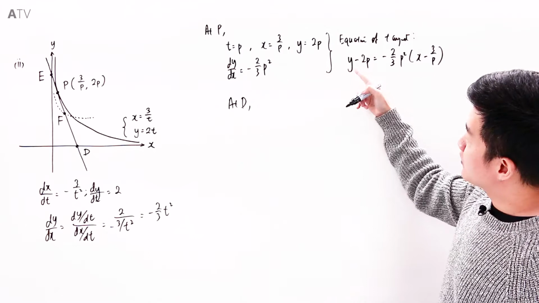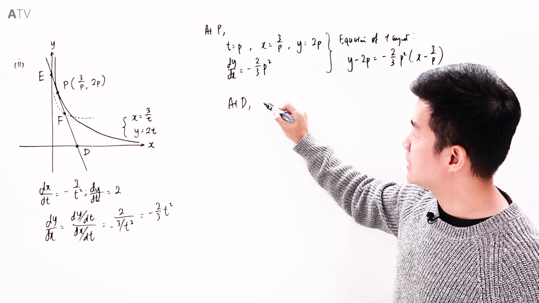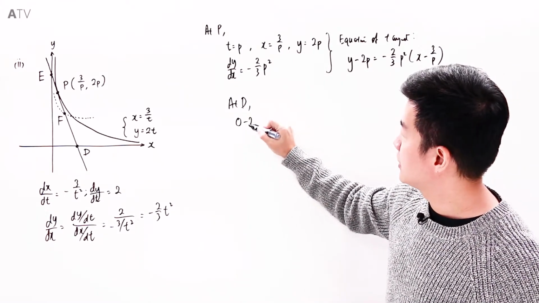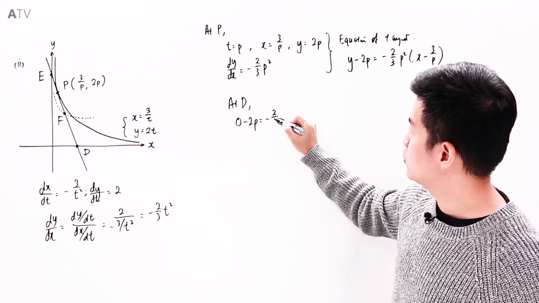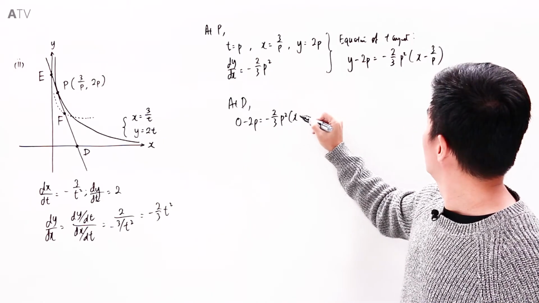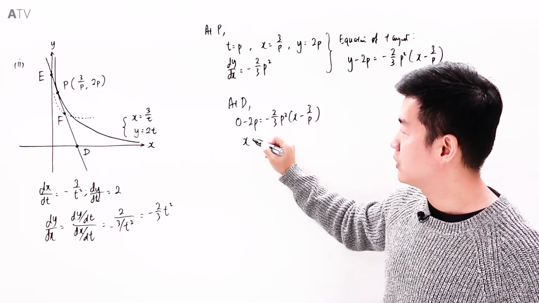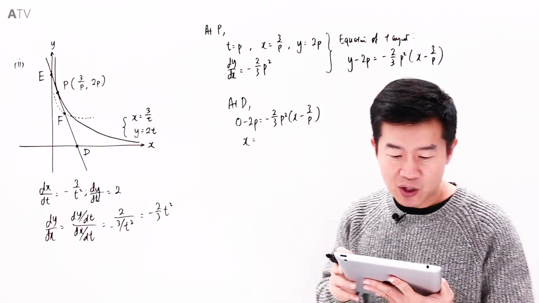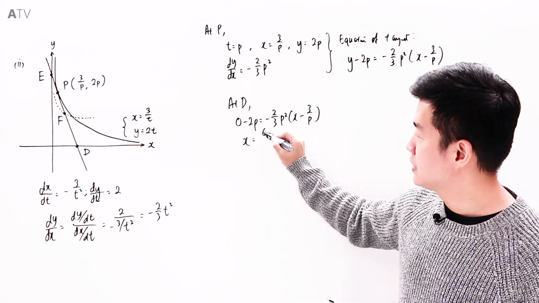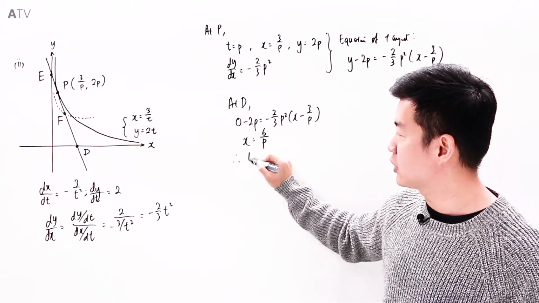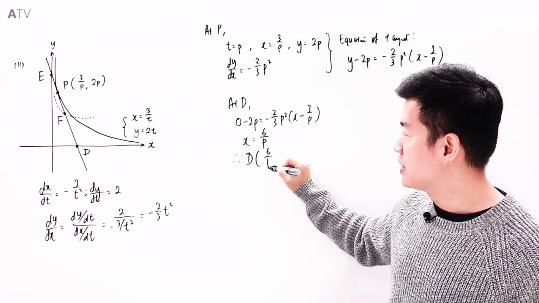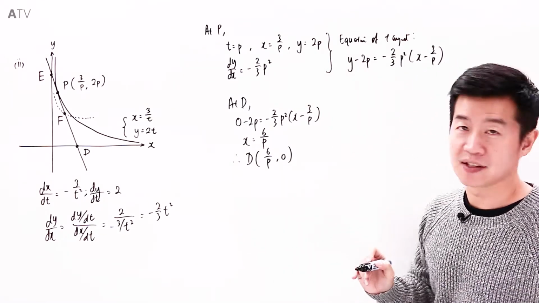So I'm going to let y be equal to 0 here. At point D, we will have 0 minus 2p is minus 2 over 3p squared of x minus 3 over p. From here, we can work out the value of x. The value of x is going to be equal to 6 over p.